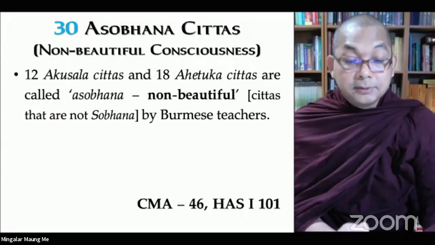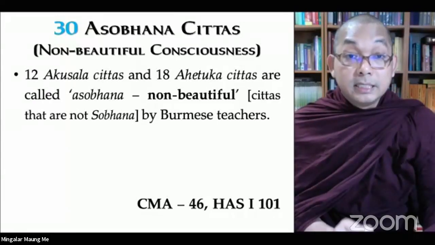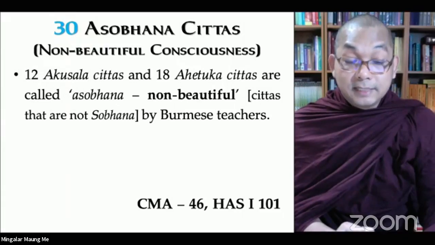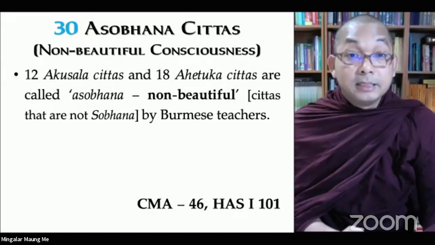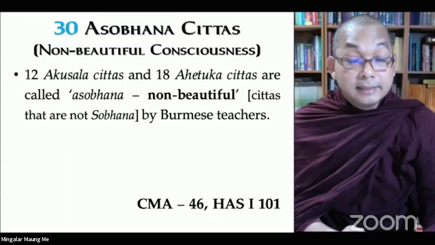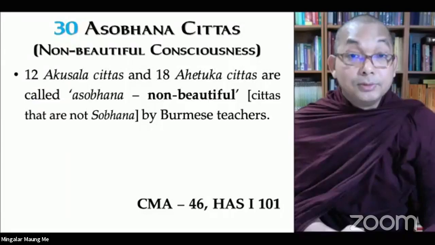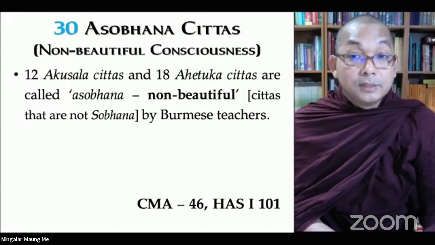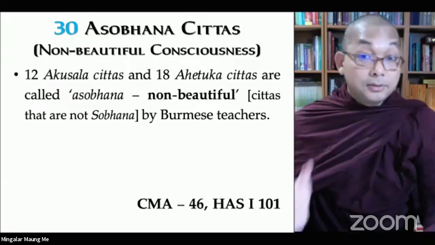This usage, Asobhana Citta, was given by Burmese Abhidhamma teachers. You will not find it in the commentary or the sub-commentary. As you are going to take the Abhidhamma exam, I think you need to know this. So the 12 akusala cittas and 18 ahetuka cittas are called Asobhana because they are not Sobhana.